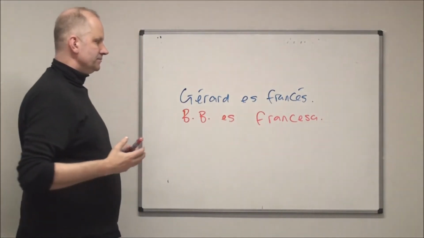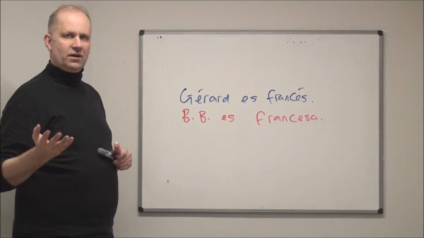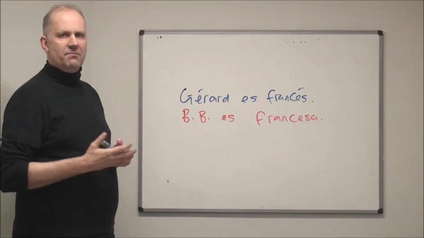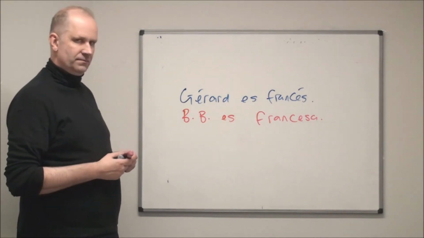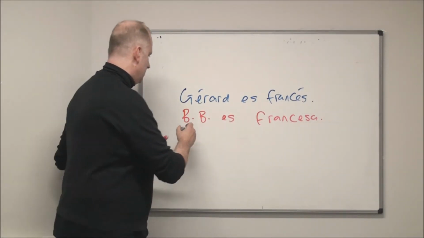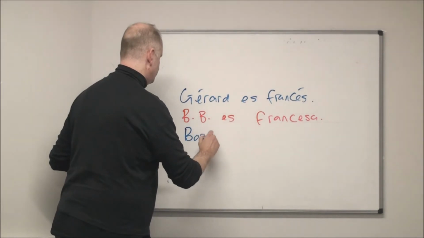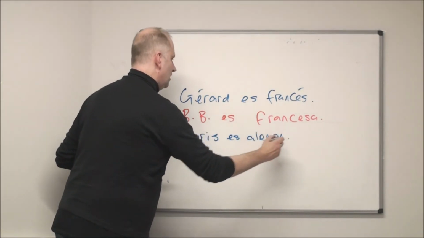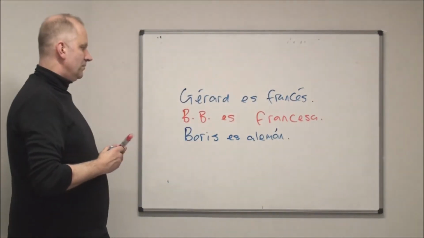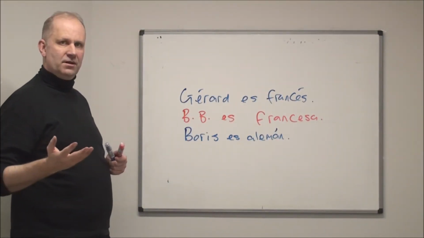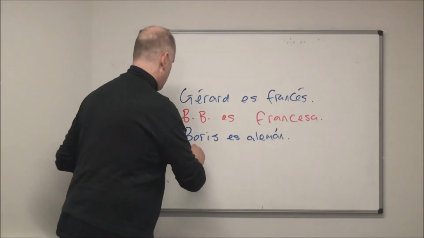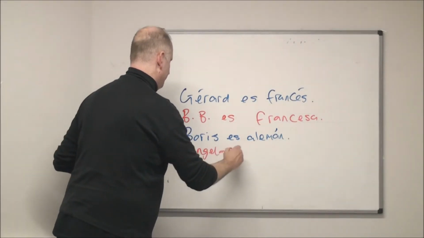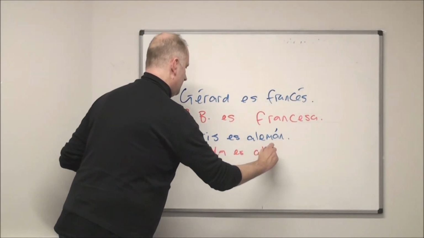Okay, maybe Boris Becker is German. So that will be Boris es alemán. And Angela Merkel is German. Angela es alemana.